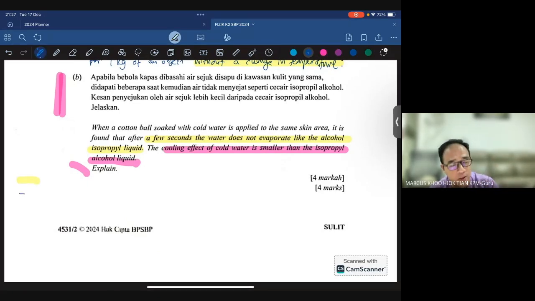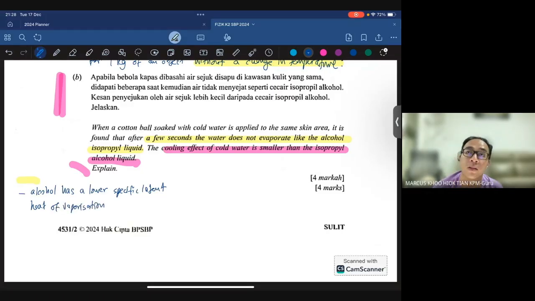The first thing that you need to say is, why is it that the water does not evaporate like the alcohol? Because alcohol has a lower specific latent heat of vaporization. I think it's lower by 1,000 times, alcohol is like 10 to the power of 5 and water is like 10 to the power of 6. Oh, no, sorry, not 1,000 times, like 10 times.